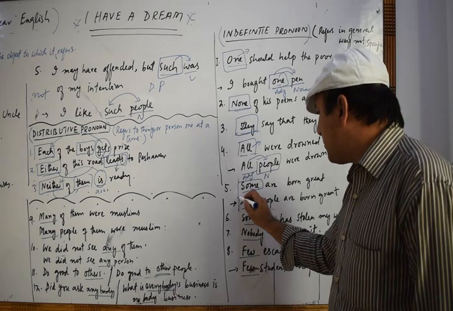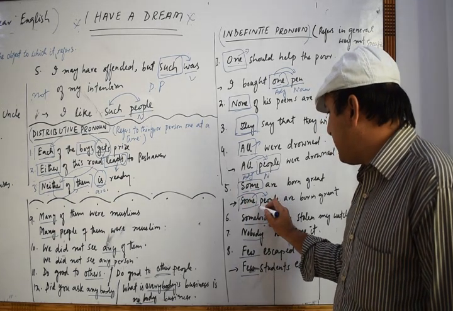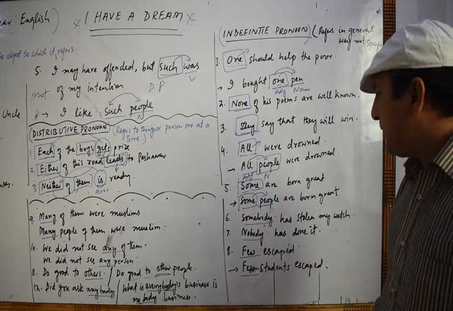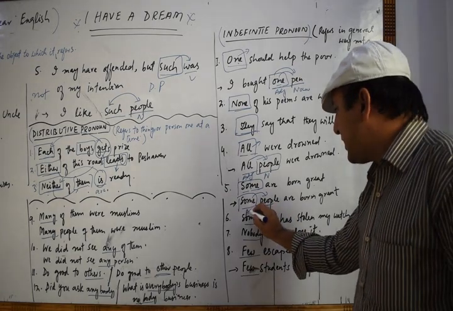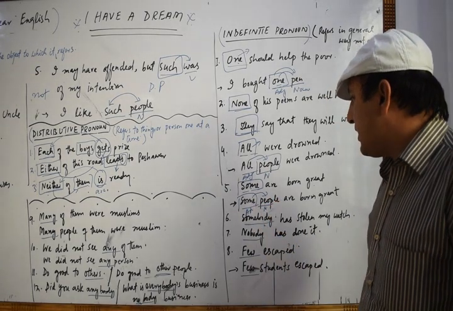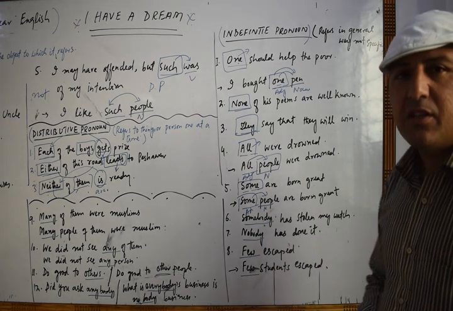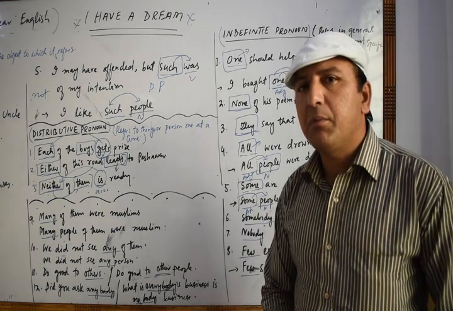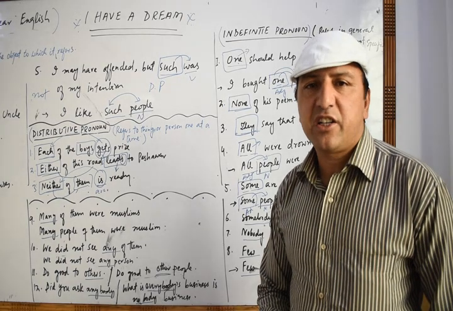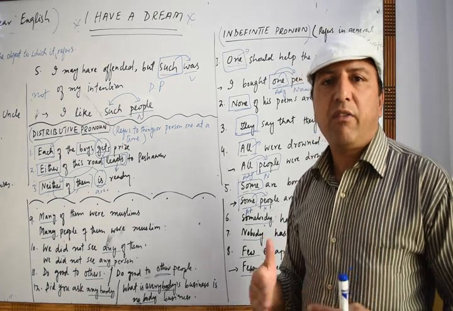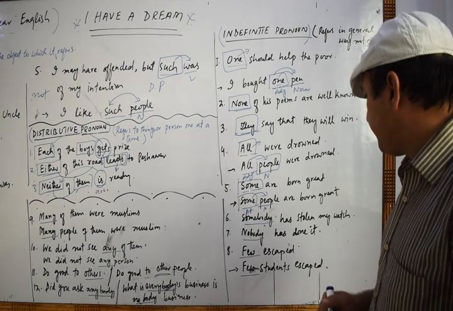Now "some people": you see it directly modifies "people." So this "some" is working as an adjective and this word as a noun. So "some" is an adjective of number. We call it an indefinite adjective of number because it is not definite, not known.